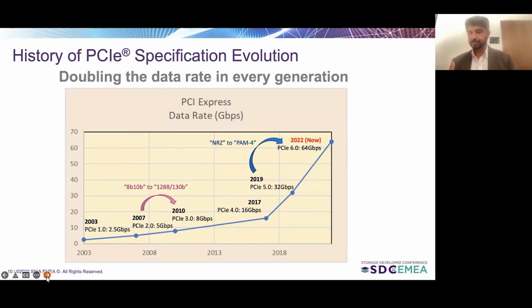PCIe has been able to double the data rate every generation with feature implementations such as coding scheme as well as signal modulation changes. In 2022, the PCIe 6.0 spec employs PAM4 signaling and achieves a 64 gigabits per second data rate with no increase in clock rate from Gen 5, which is a critical feature.